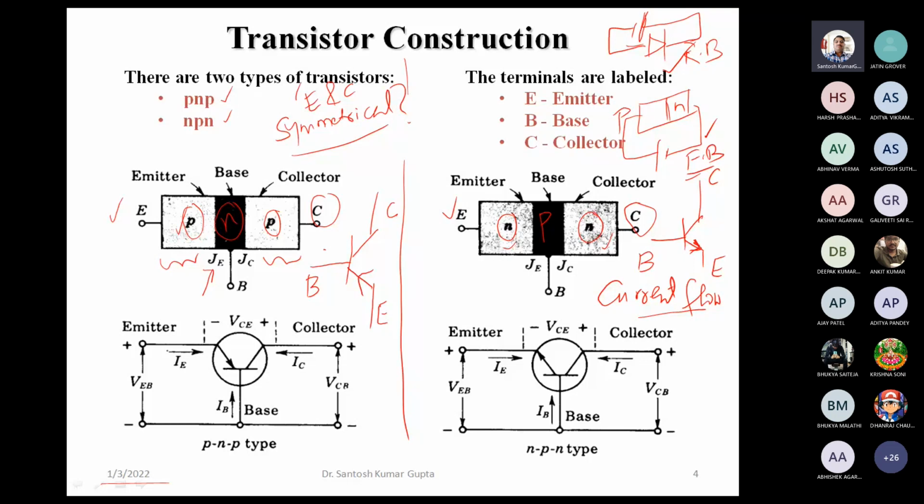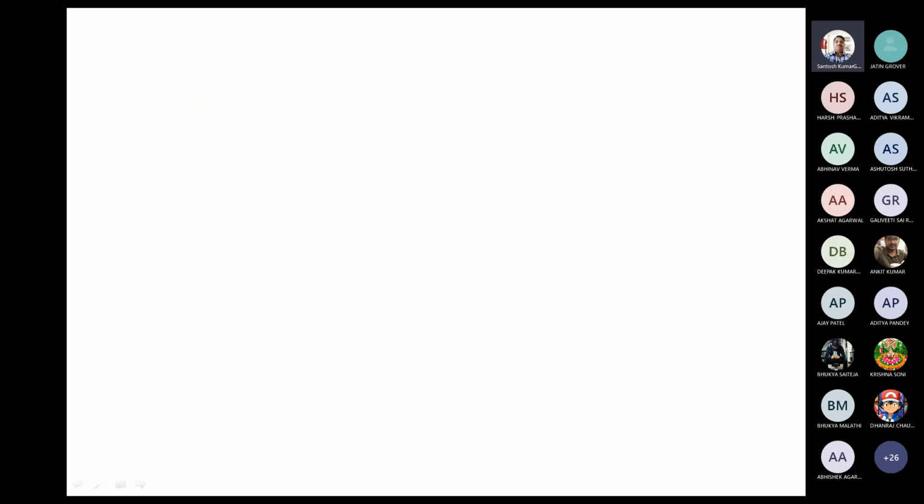Again, one more thing before proceeding further: in a transistor we see two junctions. One is the emitter junction, and one is the collector junction.